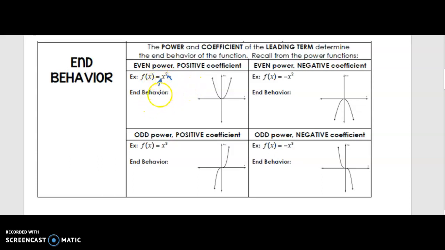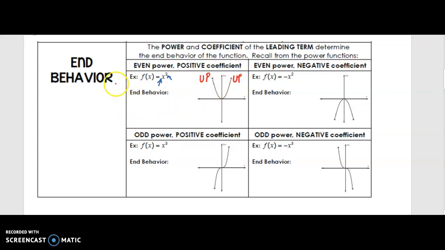So if this is the case, then you will see that both ends of the graph are going up and up, right?